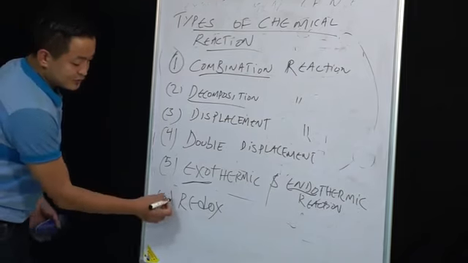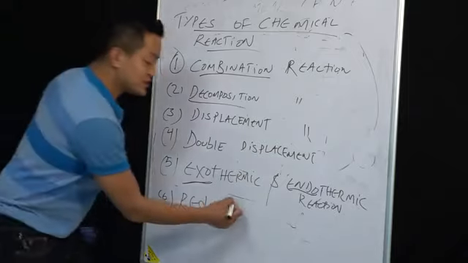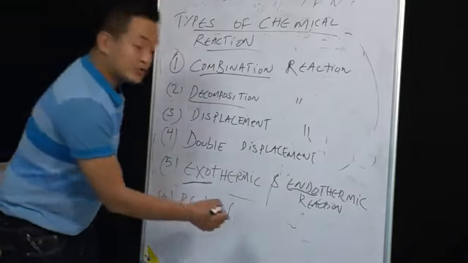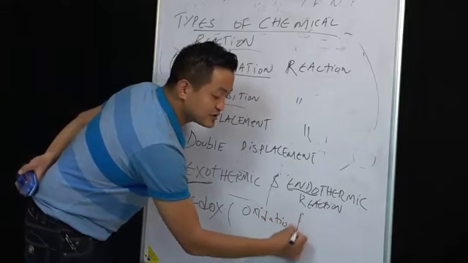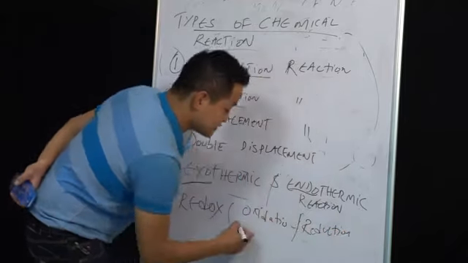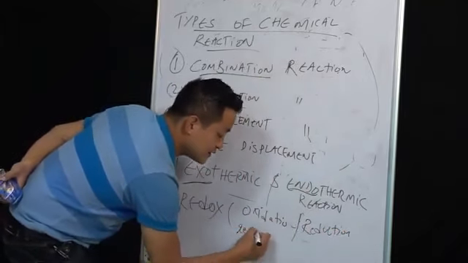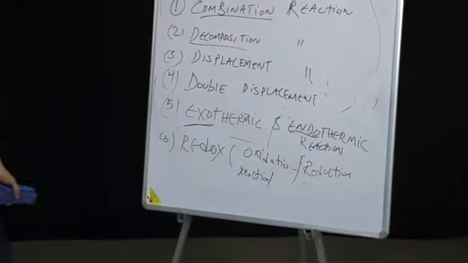Now, next is redox reaction. Redox reaction is where oxidation and reduction reactions take place simultaneously. Clear?